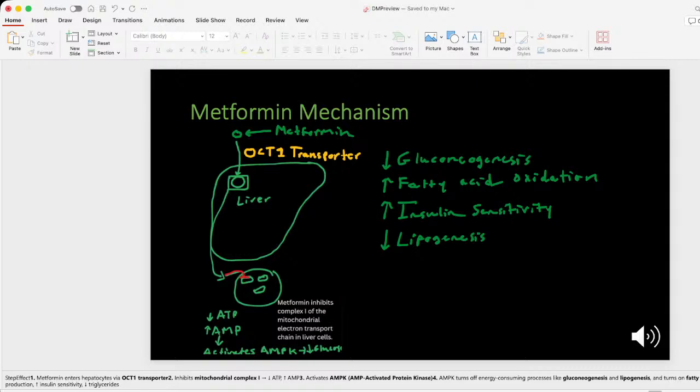So at that point, maybe advising some patients to try taking it with food will minimize some of the upset stomach and the GI effects.